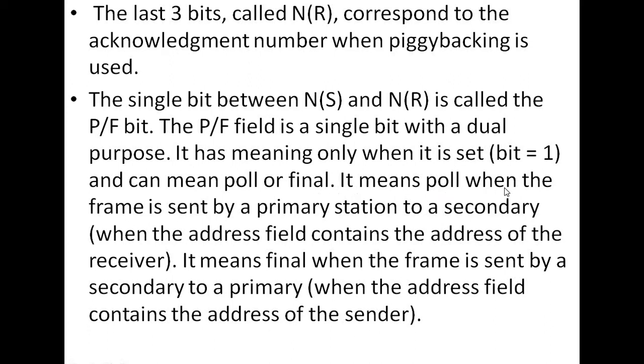It means poll when the frame is sent by a primary station to a secondary, that is, when the address field contains the address of the receiver. It means final when the frame is sent by a secondary to a primary. So this is all about the I-frame, that is, the information frame.